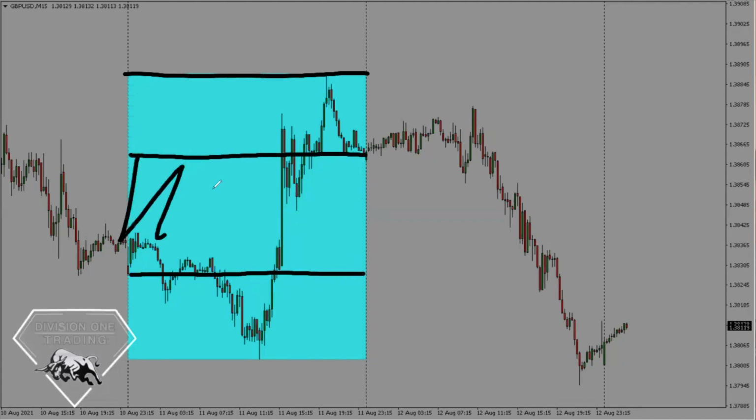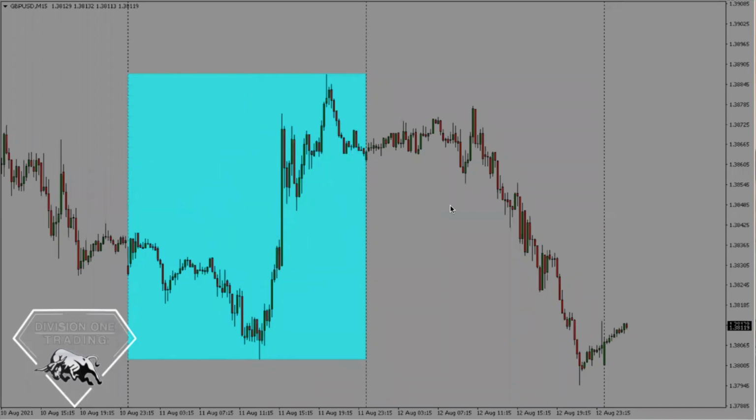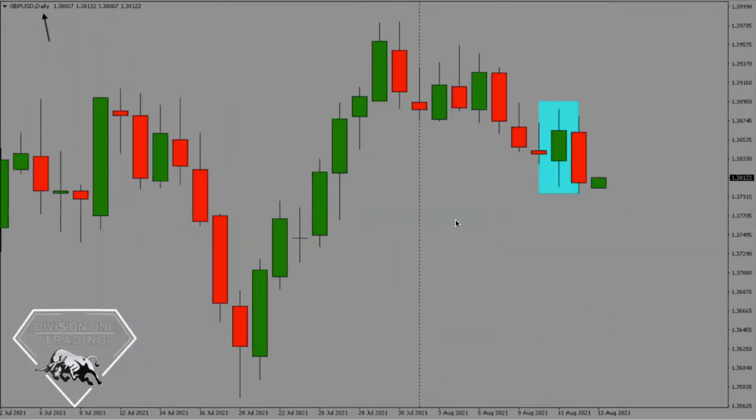So the body would be here. This area would be the wick, this area and this area here. And then now you can see on the daily, we had that bearish engulfing right there.